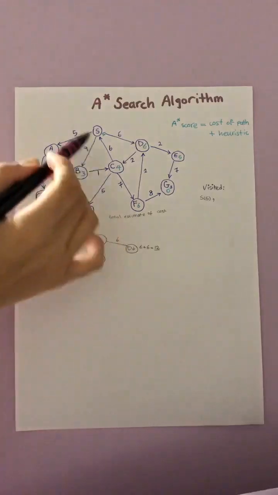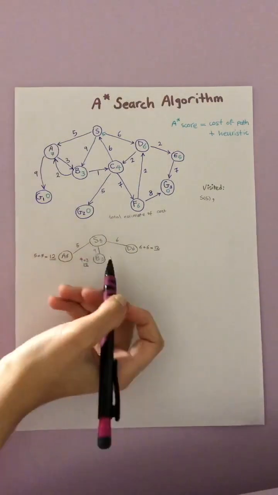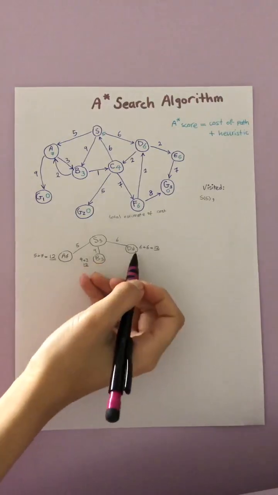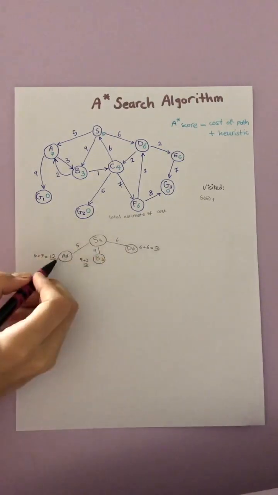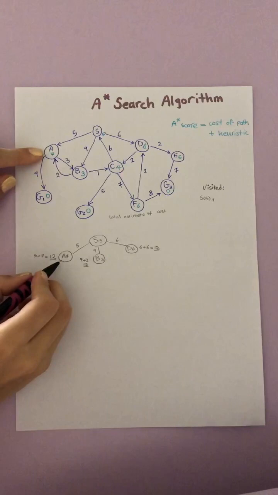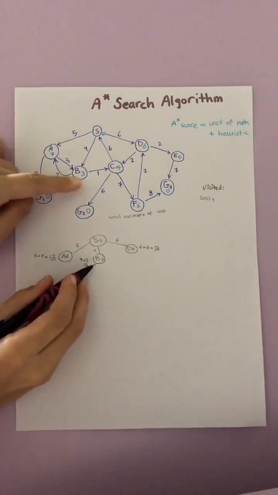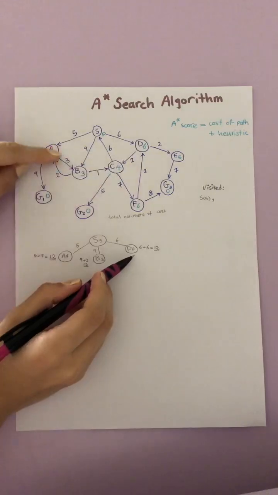So we first write the S here, and we show the nodes that it can go to. So for example, this is A7, and here is B3, and then D6.